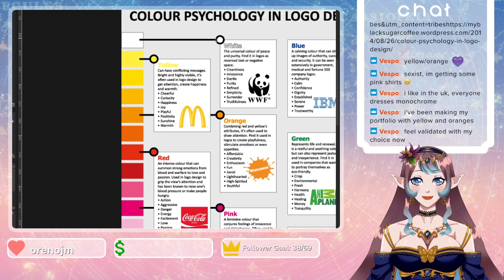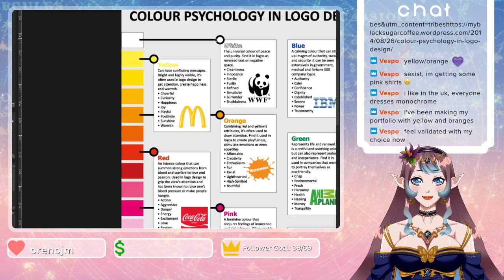Be careful, because yellow and orange can be quite a lot, so do try to use them with moderation. If you use them too much, it's going to be too much attention, and it might have the opposite effect of what you intended, especially with orange.